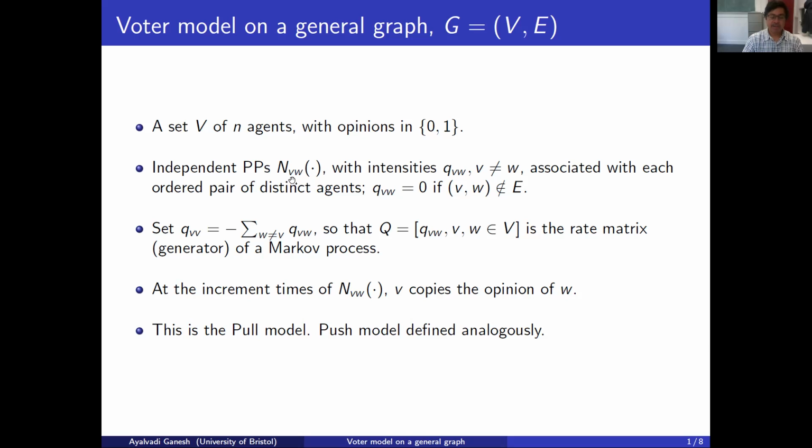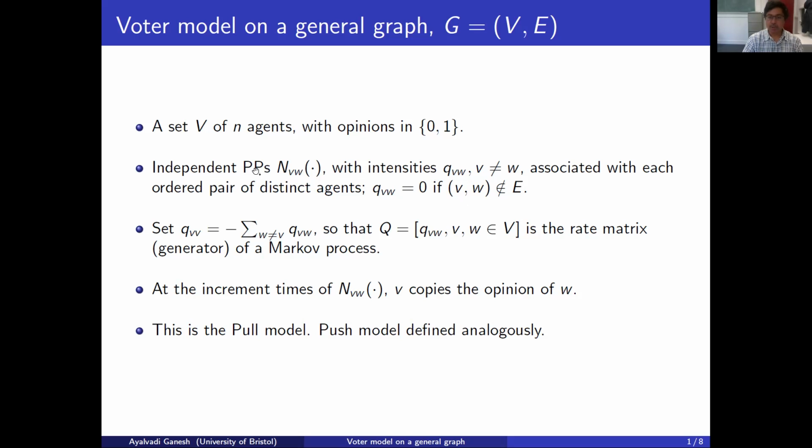With each directed edge VW, we associate a Poisson process, N subscript VW. And this Poisson process has intensity q_VW. And there's one such Poisson process for every directed edge VW.